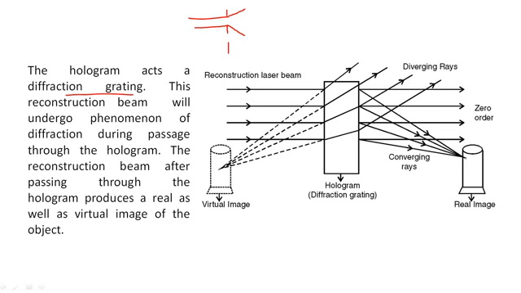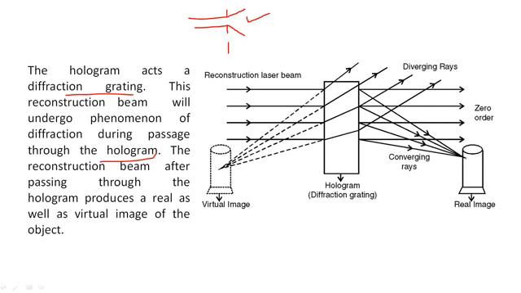Exactly, the bright and dark images are formed. These bright and dark images will act as opaque and transparent portions. This reconstruction beam will undergo the phenomenon of diffraction during passage through the hologram that I have explained earlier.